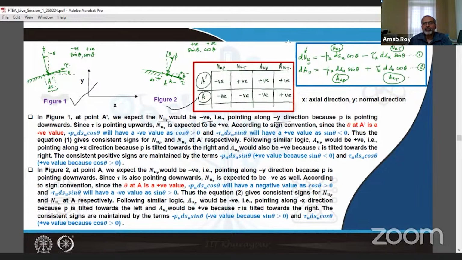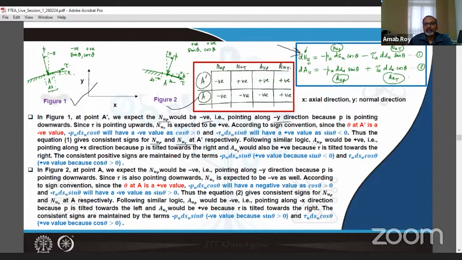Thus, equation 1 that we have for the differential normal component of force acting from the pressure and tau, applied at the point A dash with a small width dS, gives consistent signs for N_u,p and N_u,tau at A dash respectively.